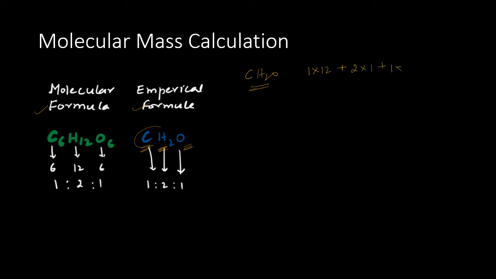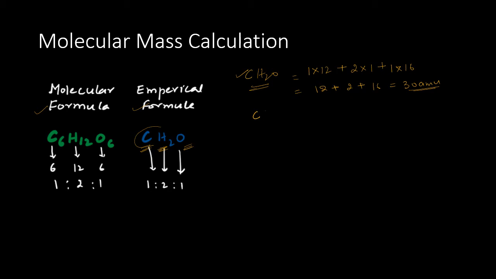into 16. So it's 12 plus 2 plus 16, and it will become 30 AMU for this formula.